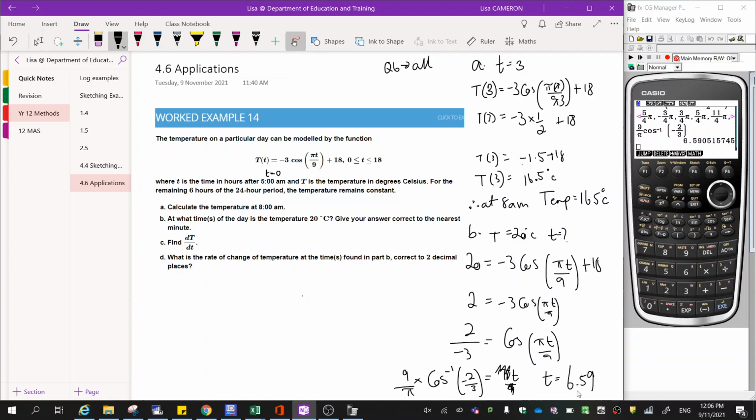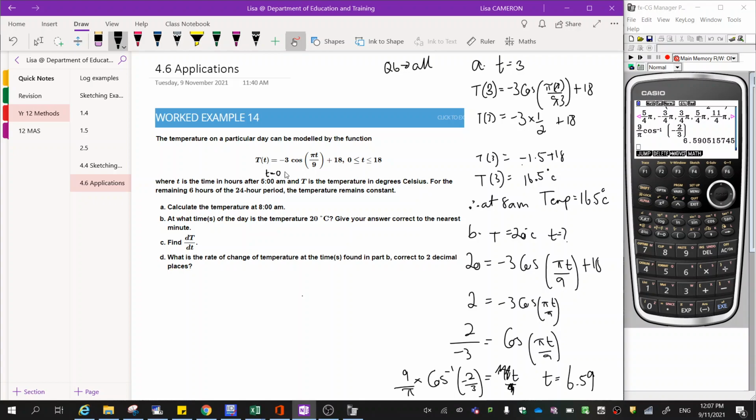Next thing we're going to do is this one, find dT over dt. Now, one thing that you guys might be a little bit confused about is, when do I have it in radians? When do I have it in degrees?